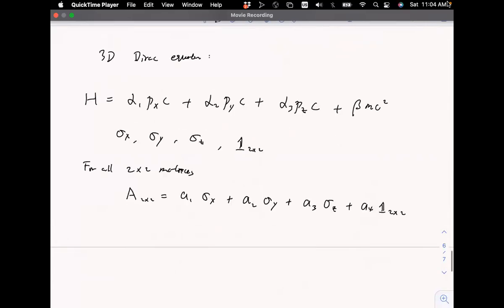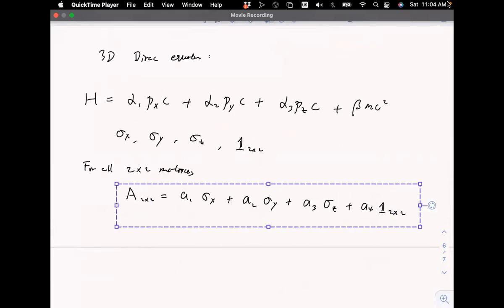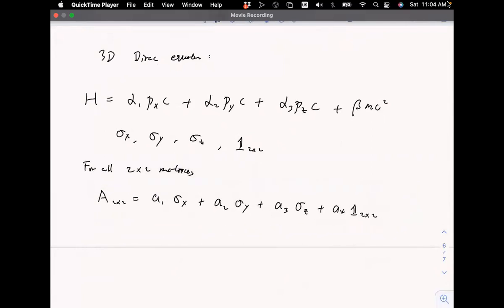So for all 2x2 matrices, you can always express them as a linear combination of sigma x, sigma y, sigma z, and the identity matrix.